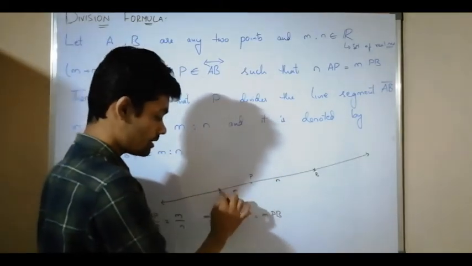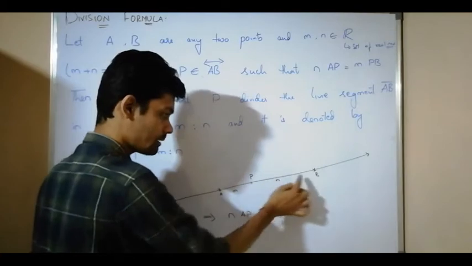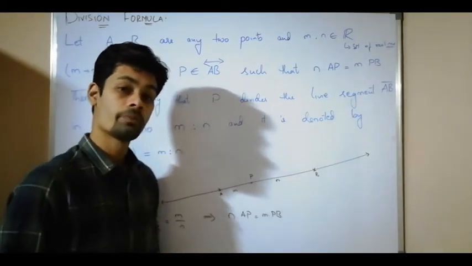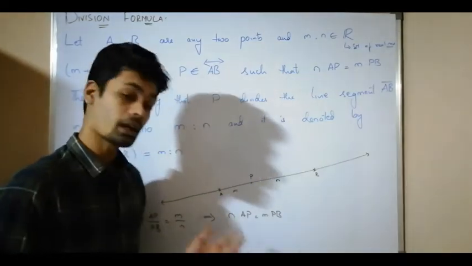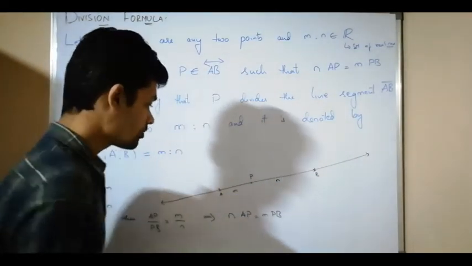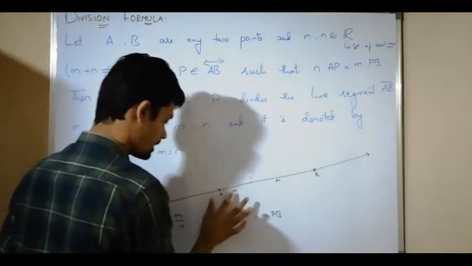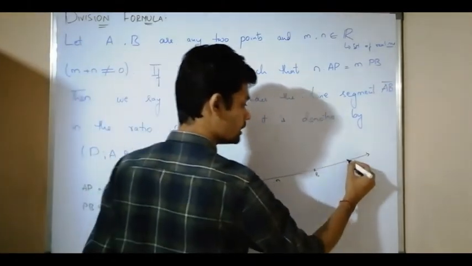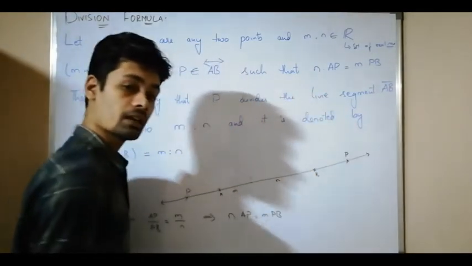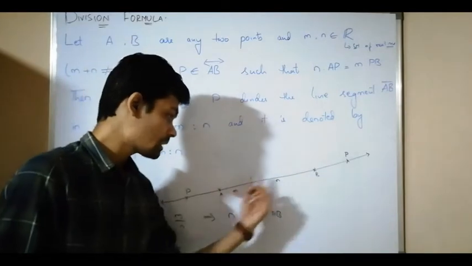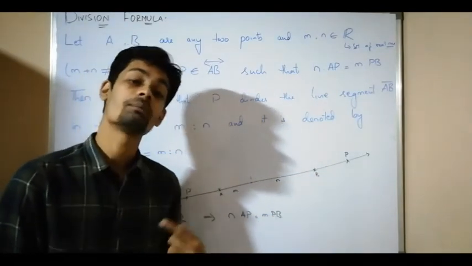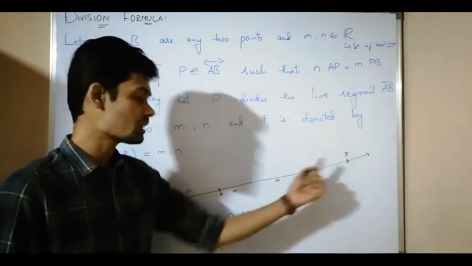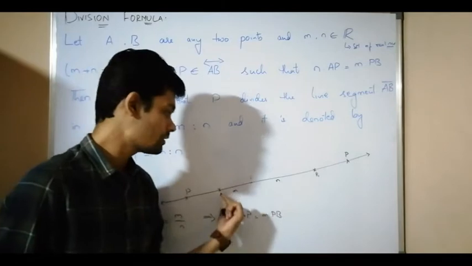If P lies on the line segment between A and B, then we say that P divides the line segment AB in the ratio m is to n internally. If P instead lies either here or here, then we say that P divides the line segment AB in the ratio m is to n externally, because the point lies outside of the line segment AB.